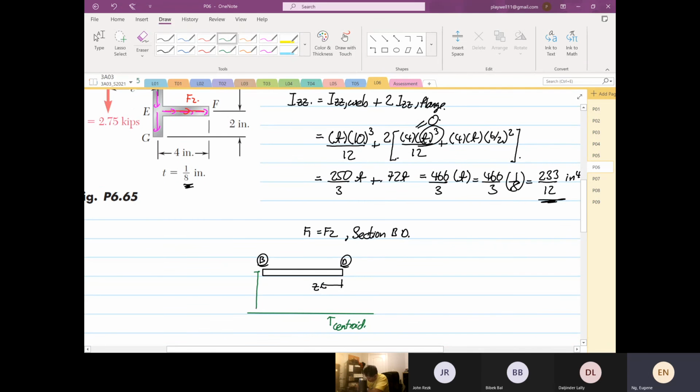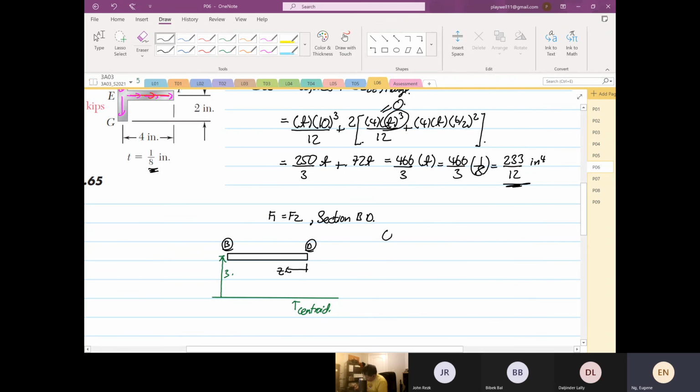So here to here is 3. This is so much easier than the previous example. So QBD is equal to width multiplied by depth. The width is Z, the depth is T, and the y bar is equal to 3. So this is 3TZ.